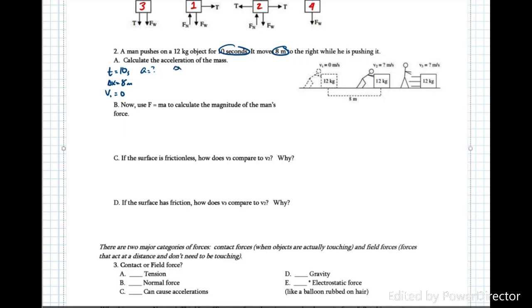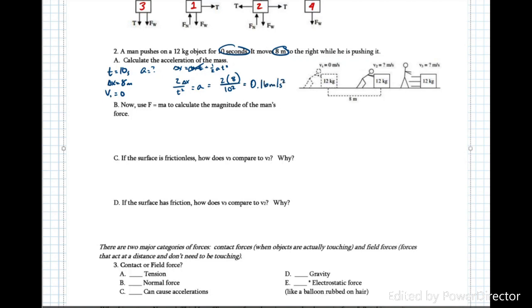Equation that's got all those in it, x equals v0 t plus one half a t squared. Velocity is 0, so it goes away. Twice the displacement divided by t squared is my acceleration. 2 times 8 over 10 squared leaves me with 0.16.